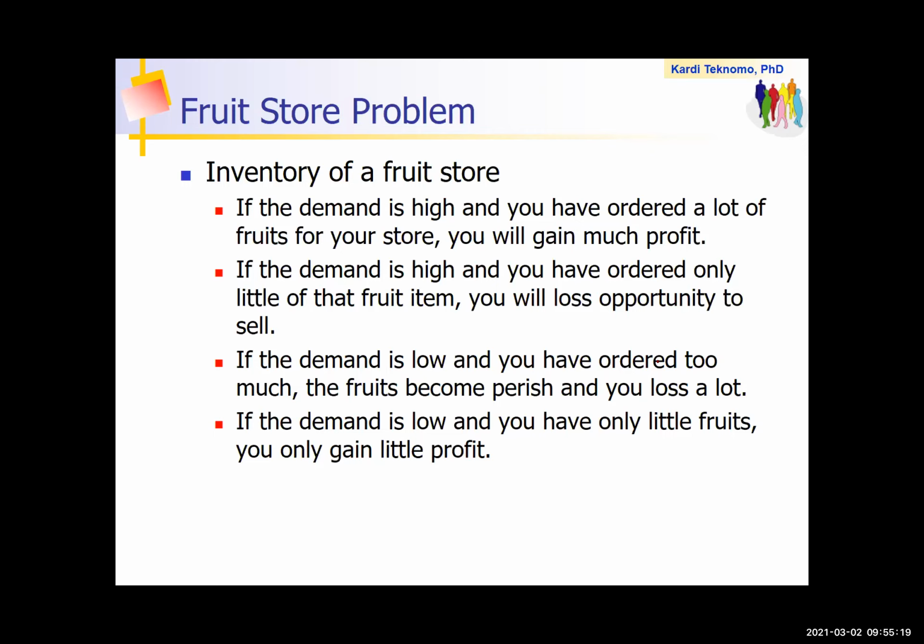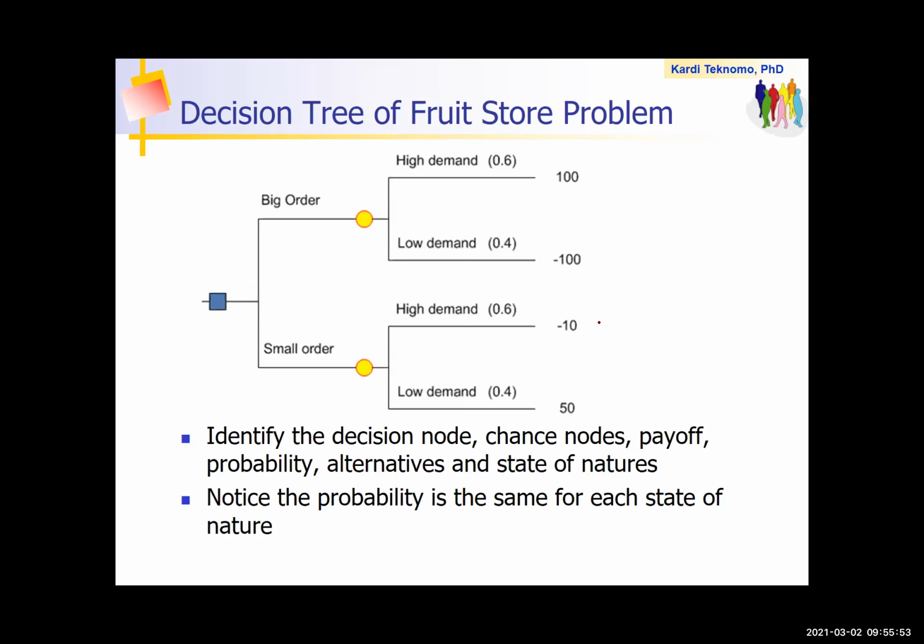Now, if the demand is high and you have ordered only a little of that fruit item, you will lose the opportunity to sell. If the demand is low and you have ordered too much, the fruit perishes and you lose a lot. If demand is low and you have only a little fruit, you only gain a little profit. Using this, you can put it into a decision tree.